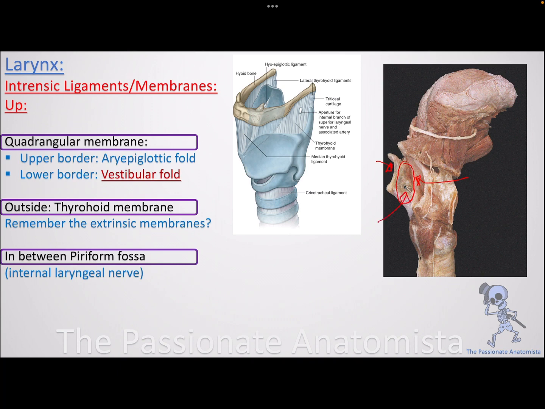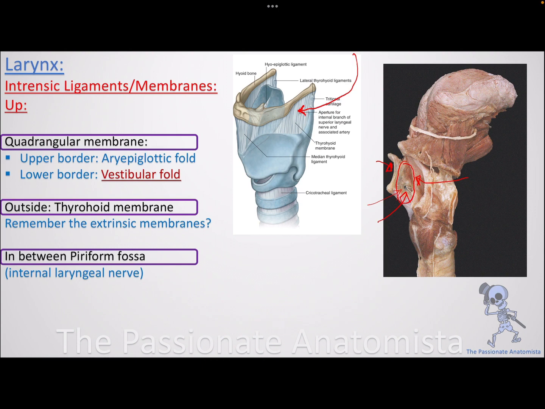This is important because in that fossa we get to see the internal laryngeal nerve. The internal laryngeal nerve comes in from the superior laryngeal nerve. It pierces the thyroid membrane externally to get to this pyriform fossa, because it wants to supply structures above the vestibular fold. And that nerve is important because sometimes you have lodged material, like a fish bone or thin chicken bone, that comes into this fossa.